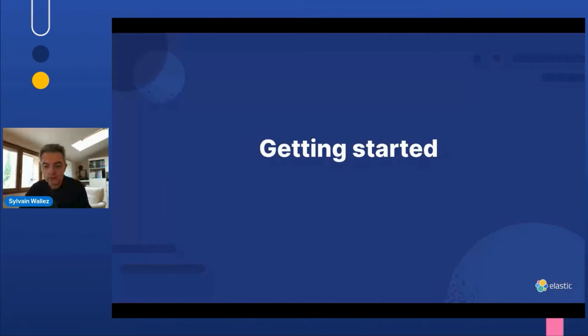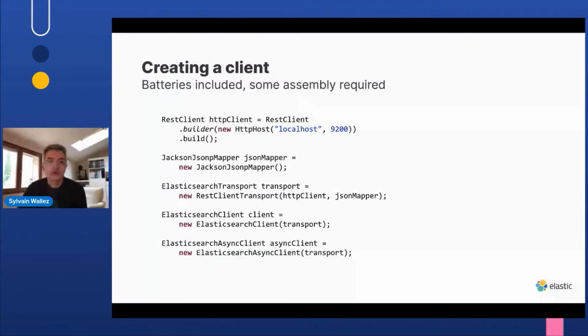So getting started, what does it look like to get started with this new client? It comes with batteries included, a number of components, but that means that some assembly is required. So to create an API client, we will first start by creating the REST client, the one that you already know from the high-level Java client.